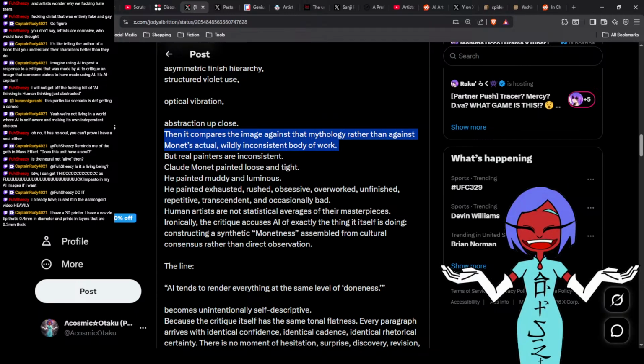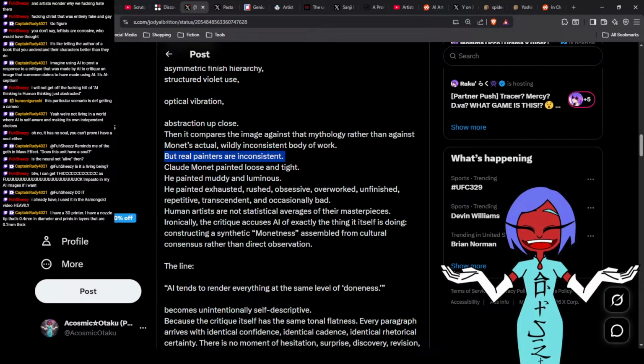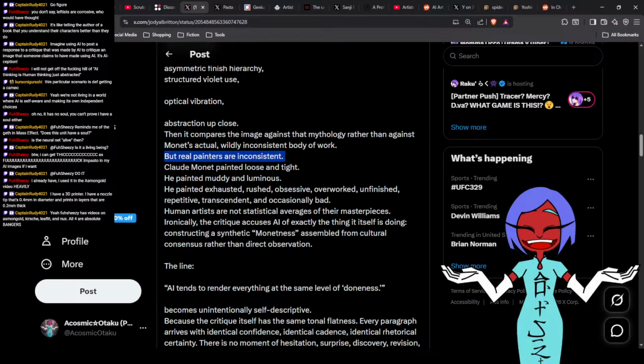But real painters are inconsistent. And yes, they are, right? Anyone who's ever done anything that they've actually been trying to do will resonate with that one line in, what is it, Cream of the Slop? Don't look in his grotto, right? Because it turns out, again, you've got to kill a lot of your darlings in your attempt to get something to be as to the point as you want it to be, right?